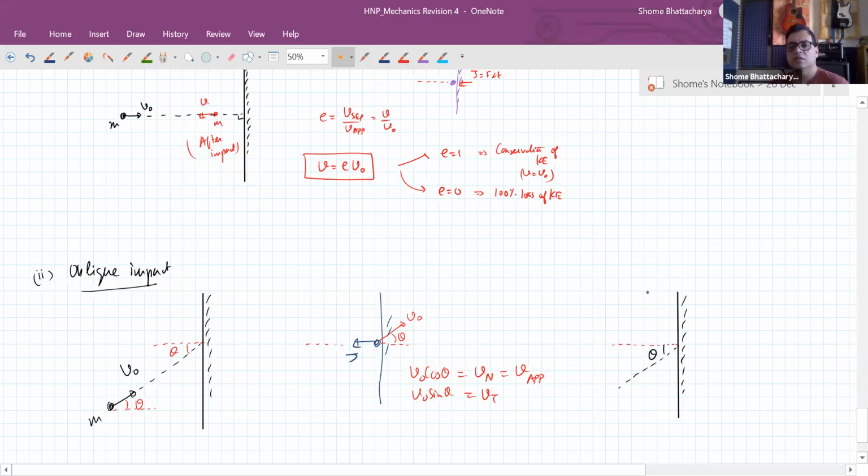In general, after impact, if it goes off at an angle phi like this, with a velocity v, then v cos phi is the separation velocity. So v cos phi will be E times v naught cos theta.